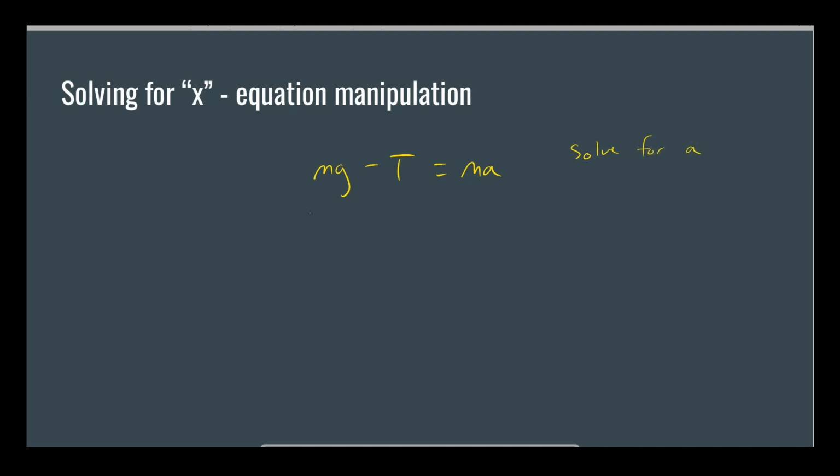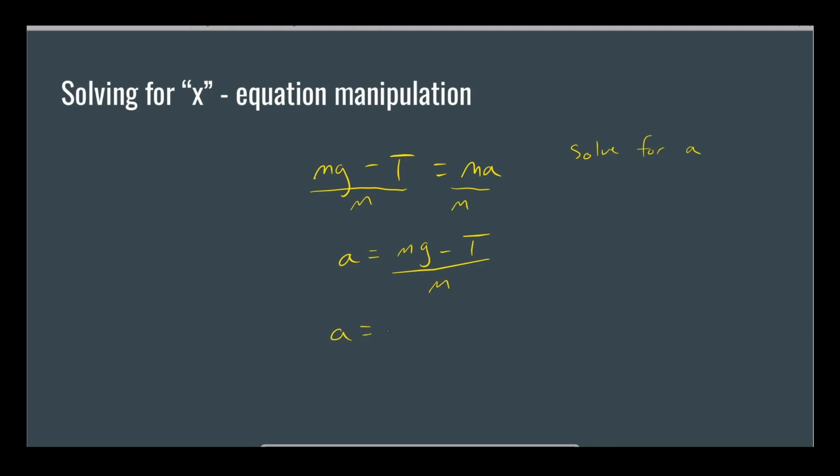Okay. Well, in this case, again, we can divide both sides by m, right? And then we end up with a is equal to (mg minus t) over m. Okay, and from here we can maybe think about, are there even more simplifications we can do?